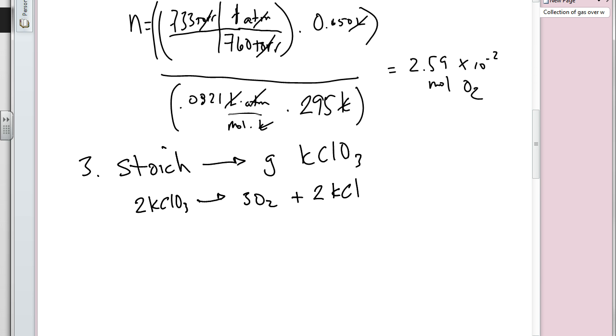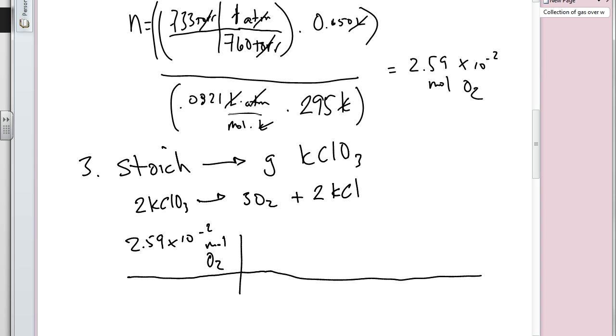And so now that we know we have 2.59 times 10 to the -2 moles of oxygen, we can just do some stoichiometry to get us to grams, ultimately grams of KClO3, potassium chlorate. So from the balanced equation, I've got 3 moles of oxygen to 2 moles of potassium chlorate.